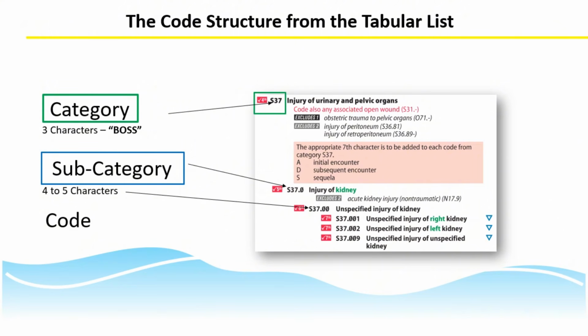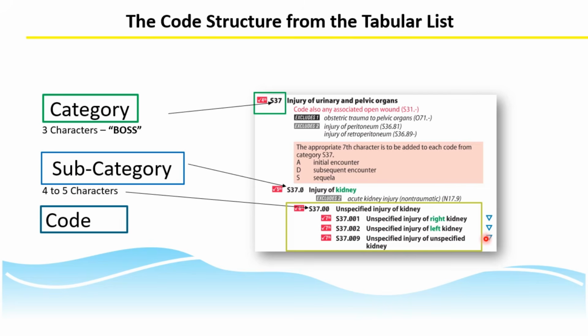After the 5th character, you go down to the 6th character space, and 6 characters and 7 characters are called codes. And right underneath, let's take a look. We see S37.001, 002, and 009. The difference between the 3 is laterality.